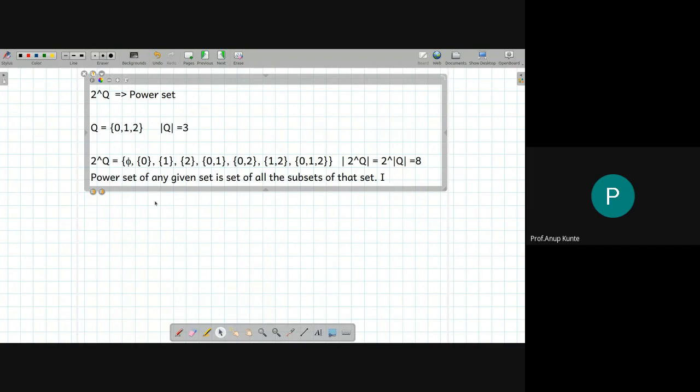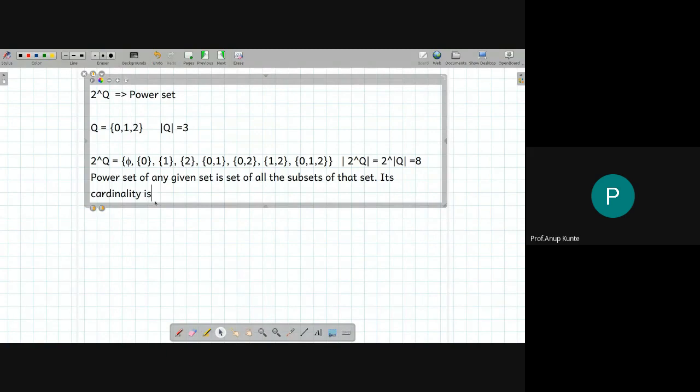Its cardinality is related to original set with a power relation. Okay, power relation मतलब ओरिजिनल सेट का जो साइज रहेगा या कार्डिनलिटी मीन साइज ऑफ द सेट. Number of elements in a set in set theory is referred to as cardinality of the set.